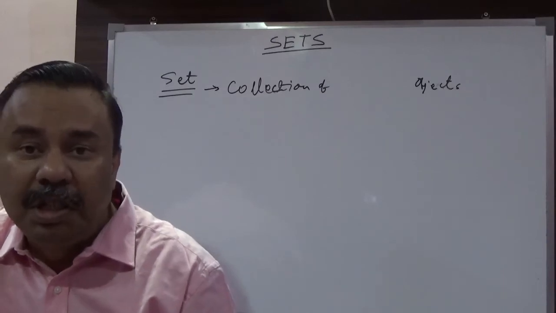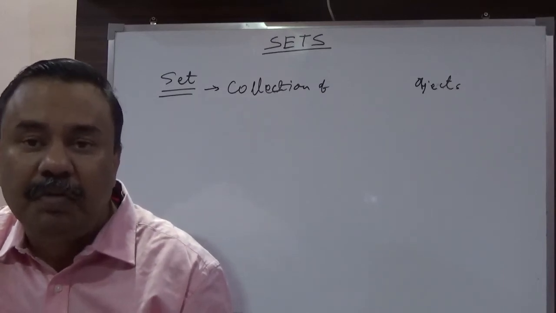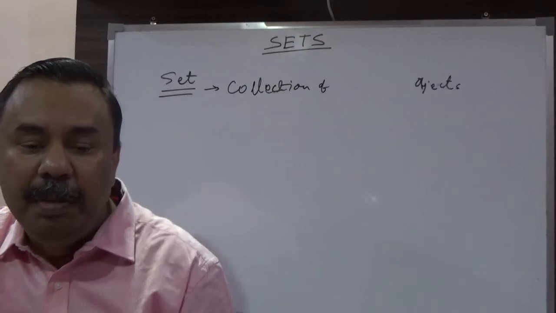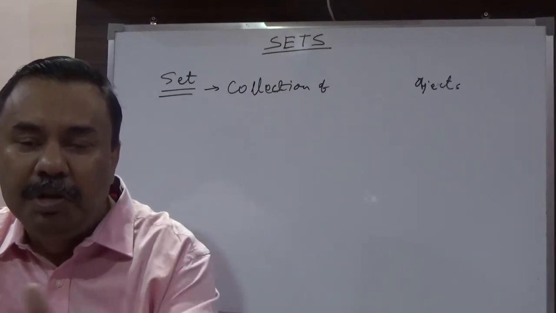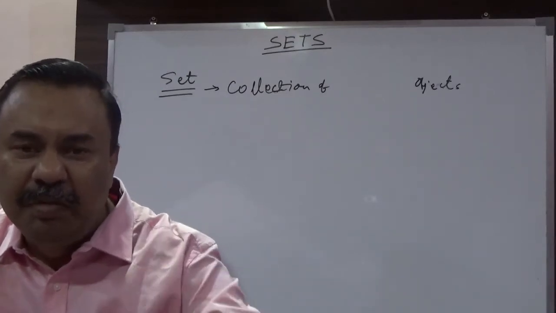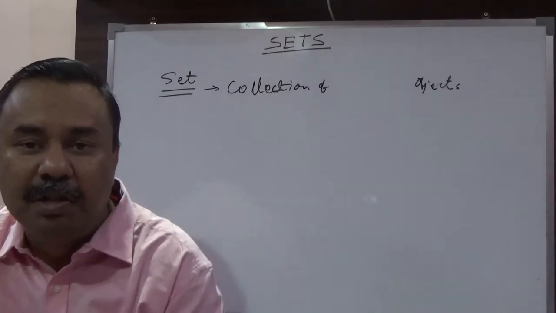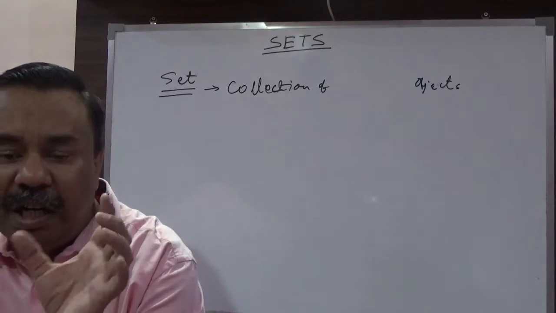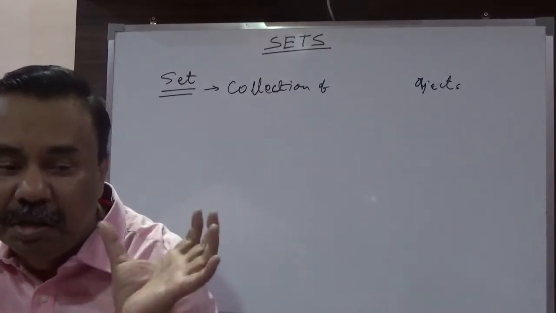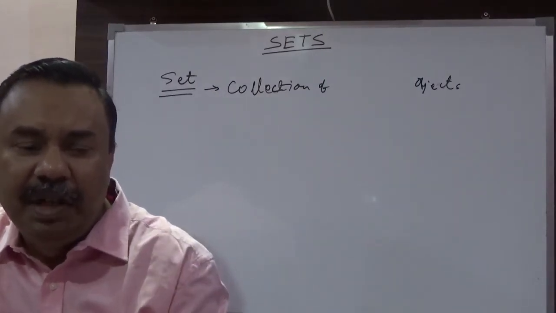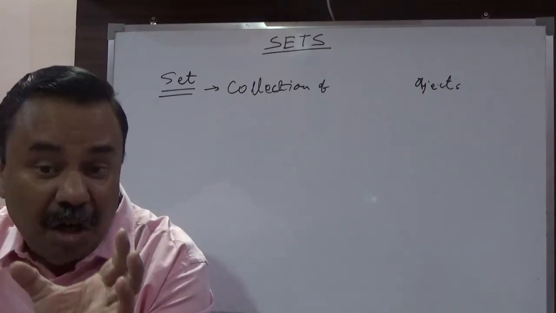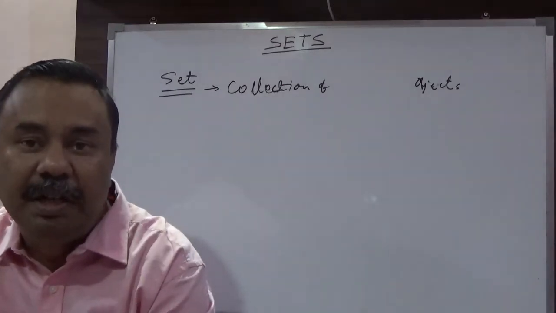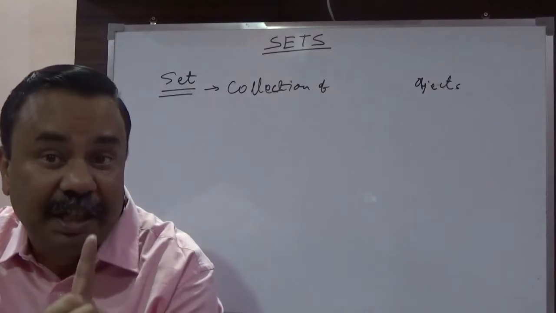Students may be of standard 11th, standard 1, standard 2, school A, school B, school C, whatever it is. There are so many kinds of students. Until and unless there is a definite definition of the objects which are to be collected, it will not be called a set.